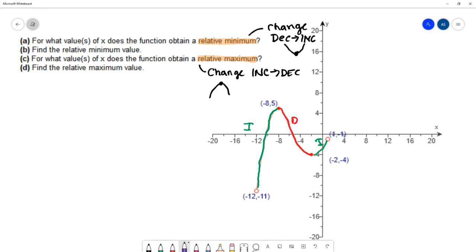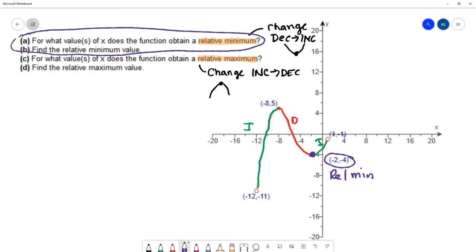So we do have a change right here from decreasing to increasing, and it's at the ordered pair, negative 2, negative 4. So that point is a relative minimum point. Now, these two parts are asking about a relative minimum. So pay close attention here.